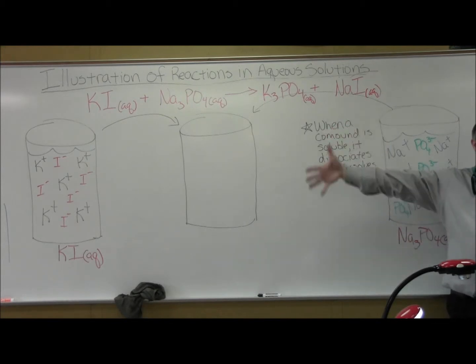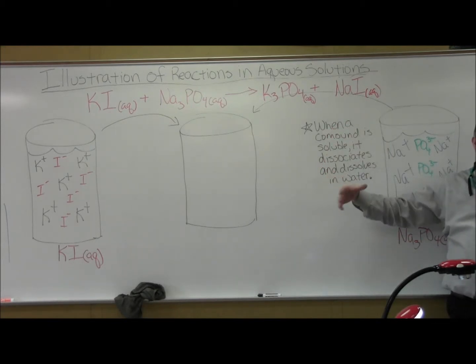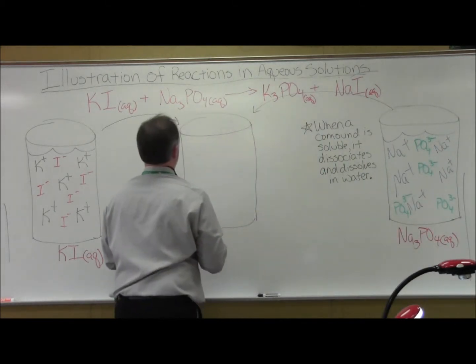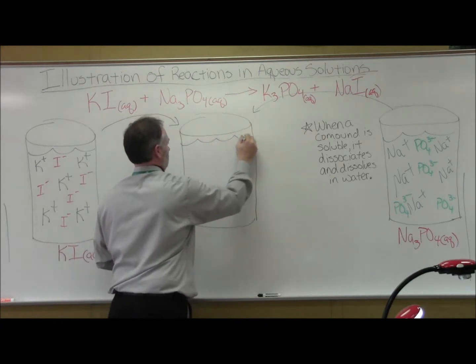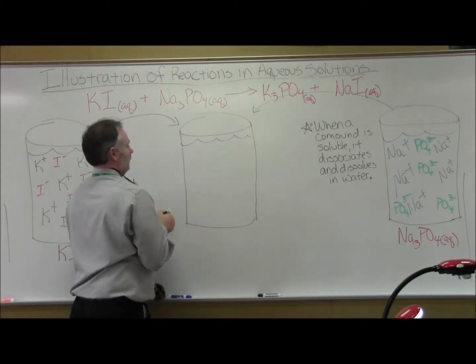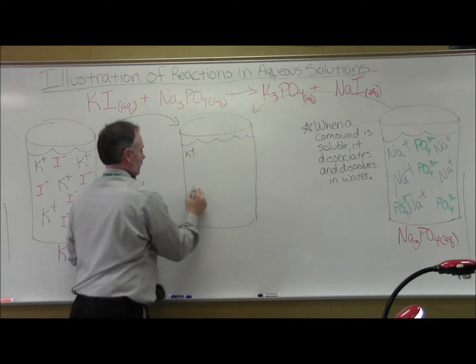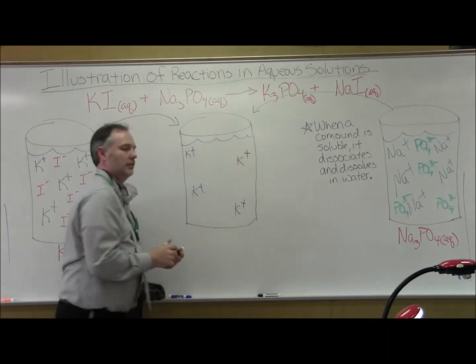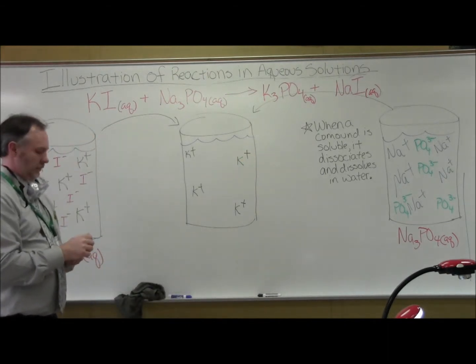So when we're going to draw it in the middle beaker here, everything's broken apart. About 4 or 5 potassium ions there.